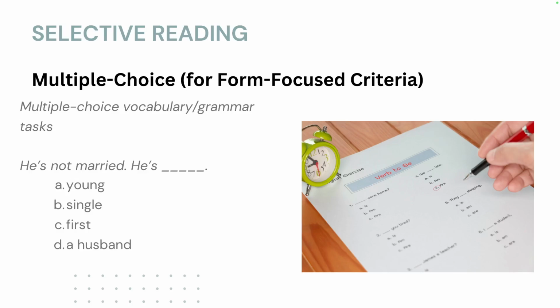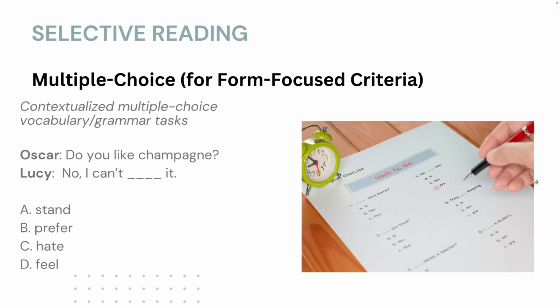You can do multiple choice vocabulary, grammar tasks, contextualized multiple choice vocabulary, grammar tasks. So this time we make it a conversation, which makes it a little bit more authentic. Now be careful. I noticed in some of your midterms that you said a lot of these items are authentic because they use authentic reading or authentic conversations.